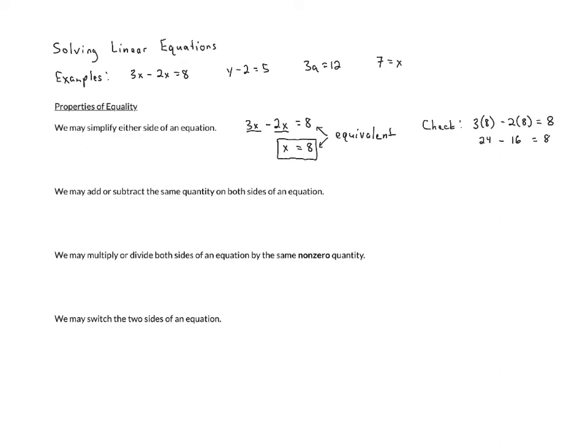So we've got 24 minus 16 equals 8. And if we perform the subtraction on the left, 24 minus 16 is 8. So because the left and the right-hand sides are equal to each other, we know that our solution was correct. If we had gotten something here where the left and right-hand sides weren't equal to each other, it would tell us that we had made a mistake somewhere and we should try again.